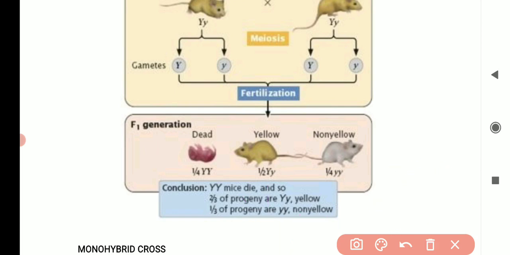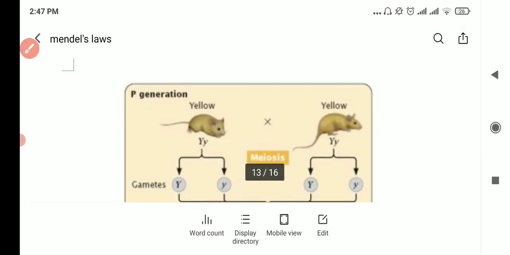But the homozygous yellow mouse is dead. So the homozygous condition of the yellow gene is lethal to it. They don't survive. That's why in the mice you will find a dead YY, and the surviving ones are only the yellow and the non-yellow. So I think it's clear from the cross.